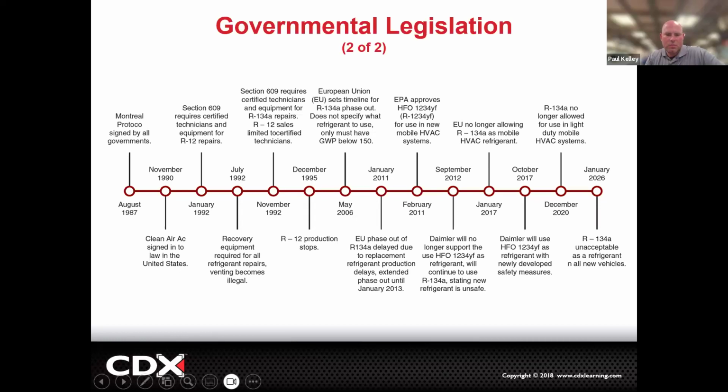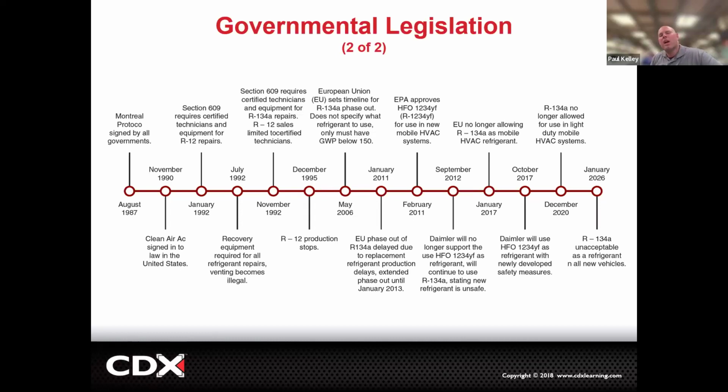Oh, actually I skipped something. Yeah, in September 2012, Daimler Chrysler said, hey, we're not going to use 1234yf. And the reason why they're going to use R134A still is because it was unsafe.